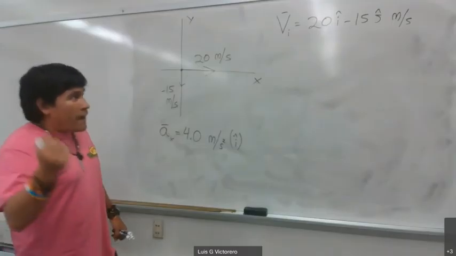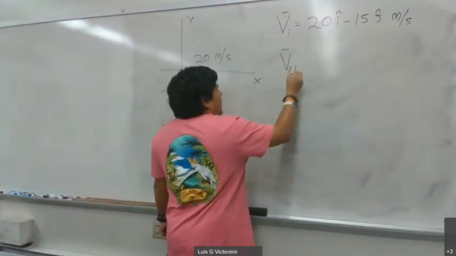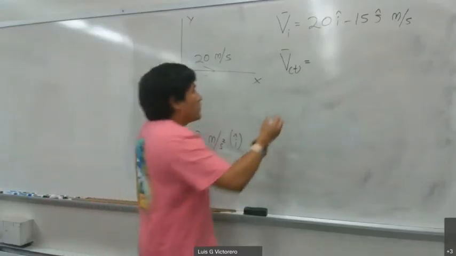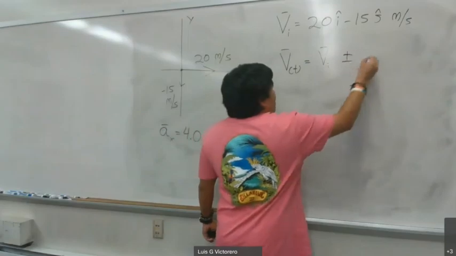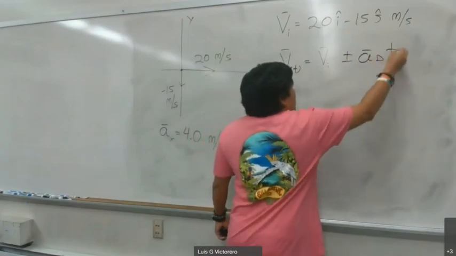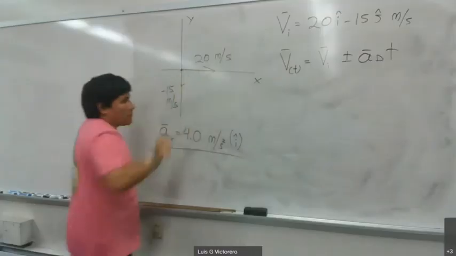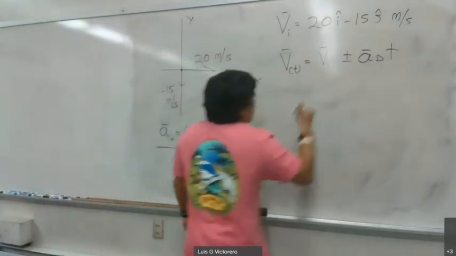And the final velocity, or the velocity at any later time, is V initial plus at. So let's not forget that equation. Well, plus or minus, right? But it's accelerating, so we use a plus. The initial is this, so we can write that.